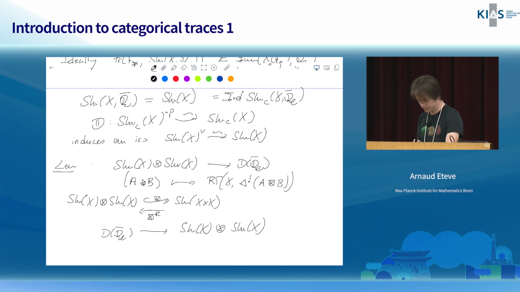so that's the evaluation of the duality datum. And the co-evaluation is the functor that goes from DQL to sheaves X tensor sheaves X, so it's just given by a single object, and it's the object that is the image of QL, so box R of delta lower star of the dualizing sheaf.